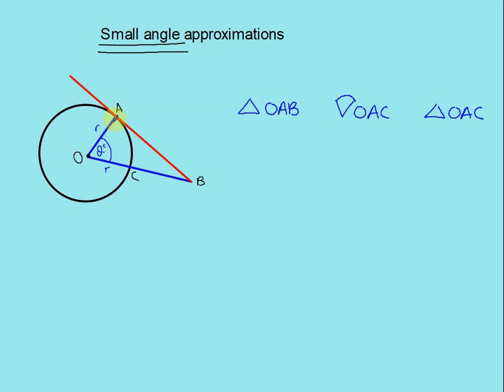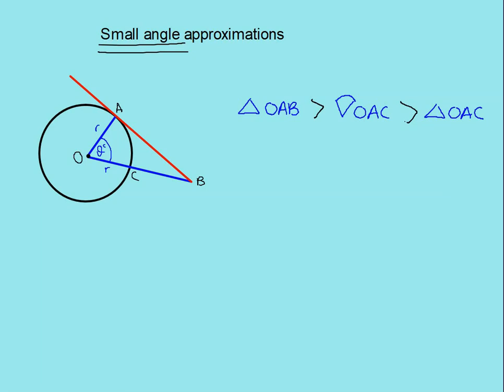We've got a sector OAC, and if I drew a chord here between A and C, I'd have another triangle. And I think you'll all agree that the one with the largest area would be the first one. So this is definitely bigger than the sector, and this sector is bigger than the triangle. So it's pretty obvious. So we thought, okay, well, let's work out the areas of all of these things and just see where we go.